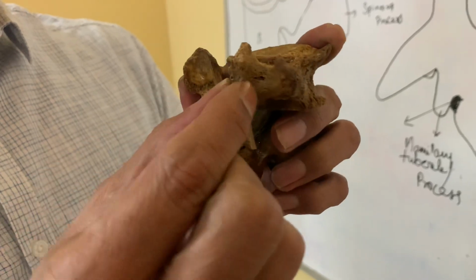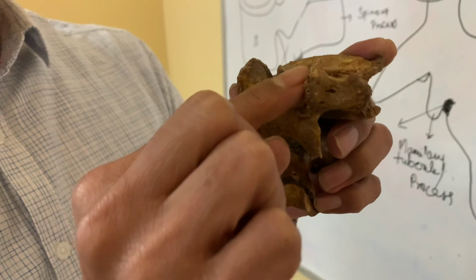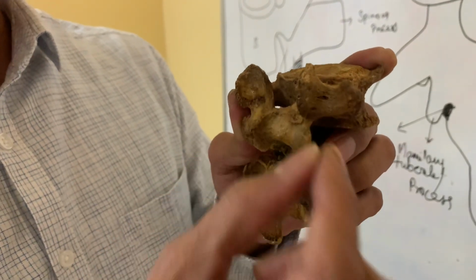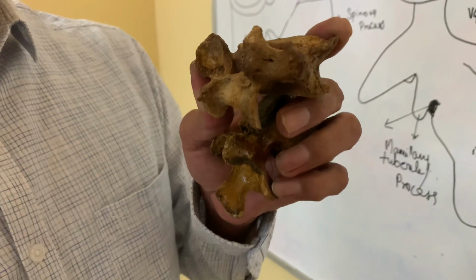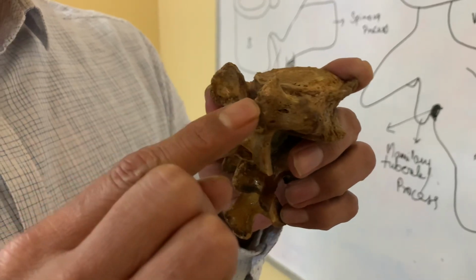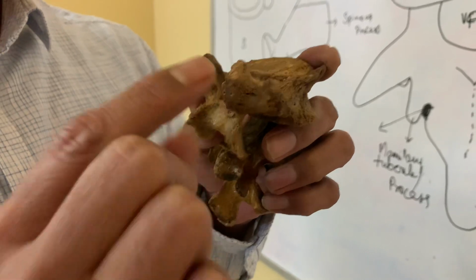Similarly, the posterior border of the superior articular facet is thickened, and the thickened part is non-articular, and that is called the mammillary process.